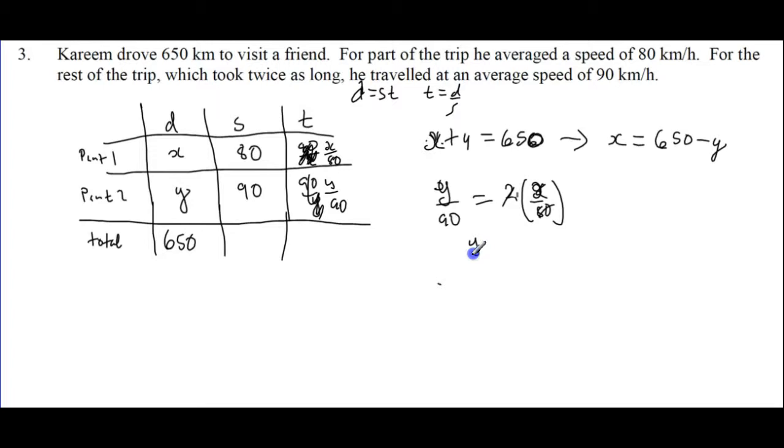So y over 90 is x over 40. So 40y is equal to 90x, and y is equal to 9/4 x, right? Just divide both.